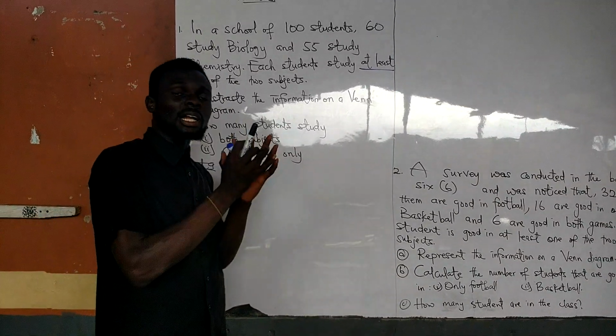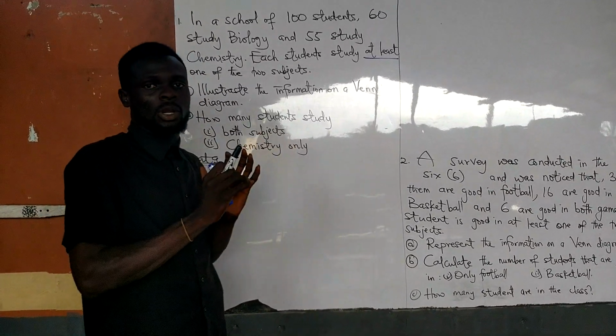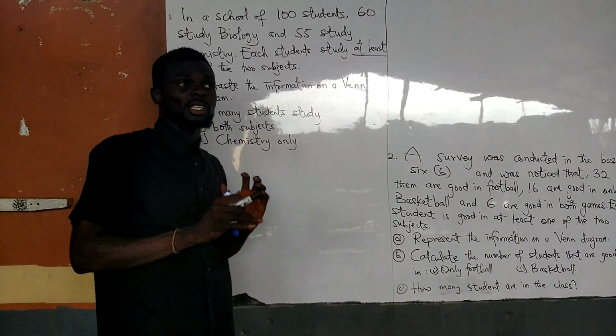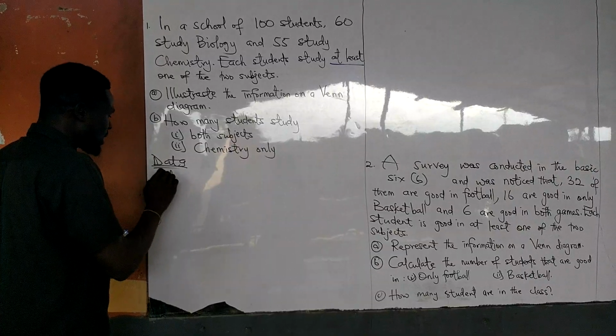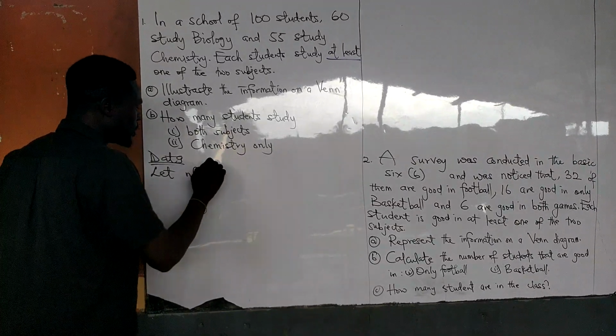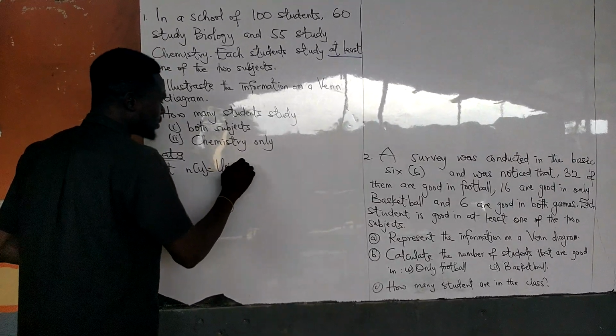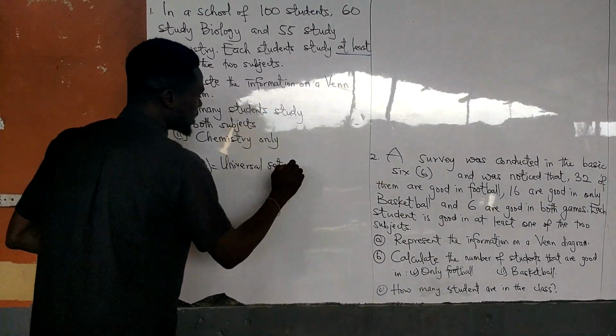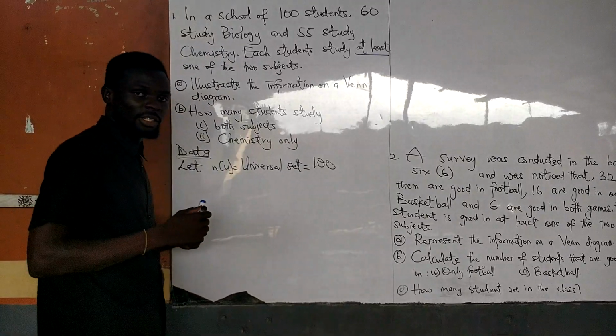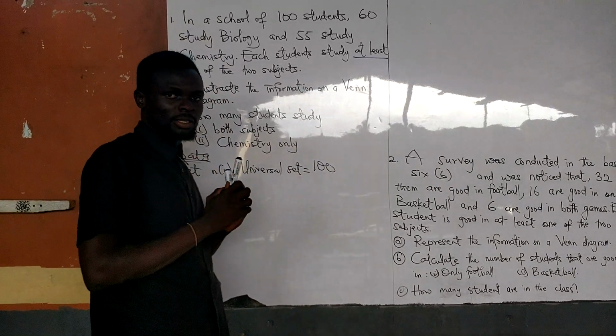So the total number of students in that particular school is 100, which is equivalent to the universal set. So let U be equal to the universal set. From the question, the universal set is 100. That is the total number of students.